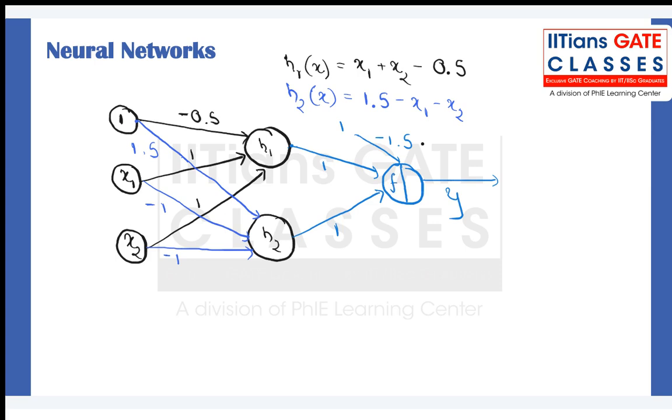So what I'm doing now is, my Y is the A of F, and my F is minus 1.5 plus H1 plus H2. Okay, and my H1 is given on the top, and H2 is also given on the top.